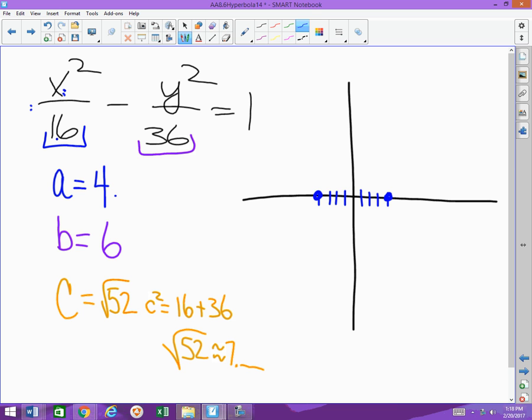The value of B is 6. 1, 2, 3, 4, 5, 6, and 1, 2, 3, 4, 5, 6. Those are where B is at. And the value of C is like 7. So that means we're 4, 5, 6, 7. There's our focus. And there's our focus.